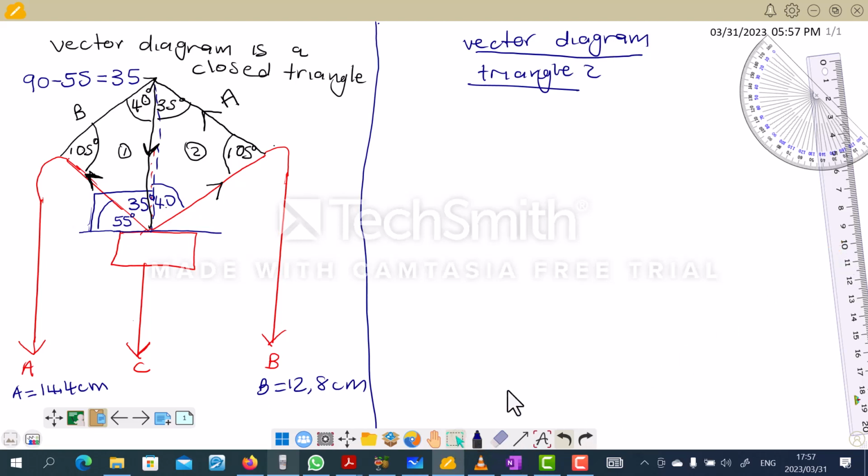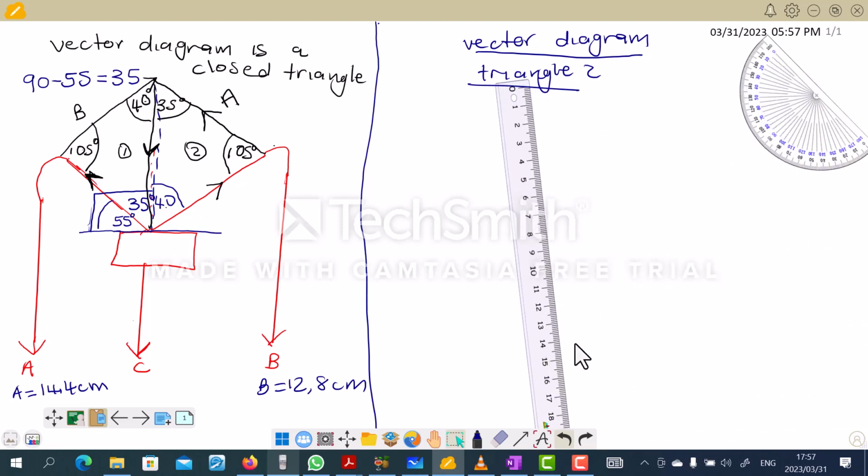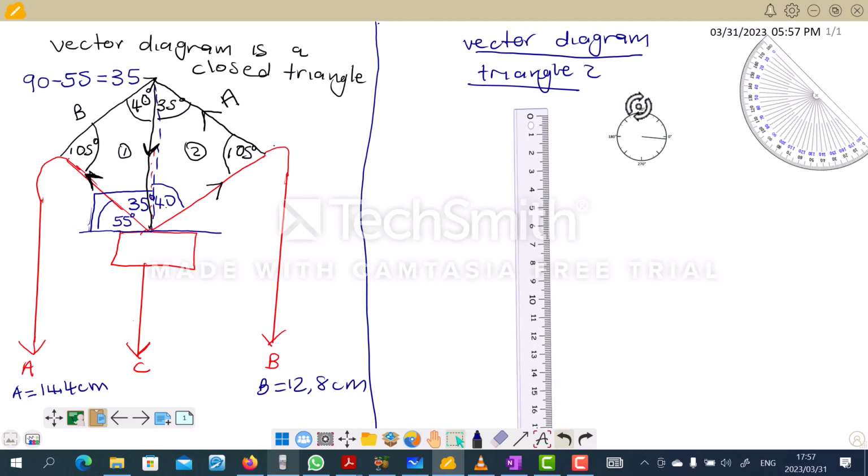This is my long ruler, your 30 centimeter ruler, and I'm going to make it straight towards the center, vertically straight. Okay, it's vertical now. Then I'm going to draw vector C. I don't know the magnitude of vector C, but I know it is just a vertical line.